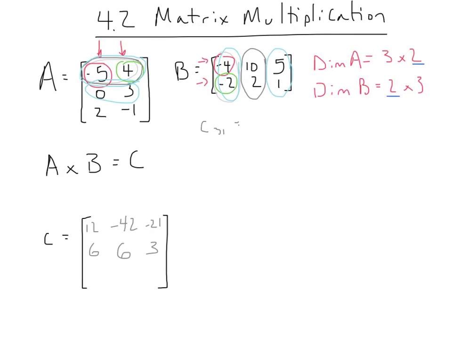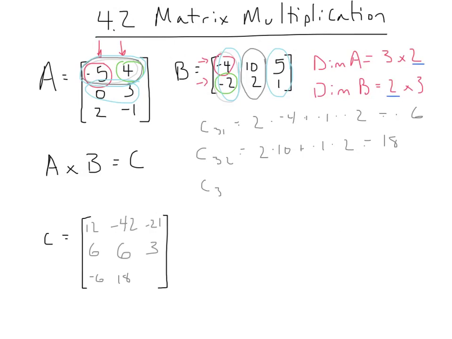C31 will be 2 times negative 4 plus negative 1 times negative 2. It's negative 8 plus 2, which is negative 6. For C32 we will have 2 times 10 plus negative 1 times 2, which is going to be 18.